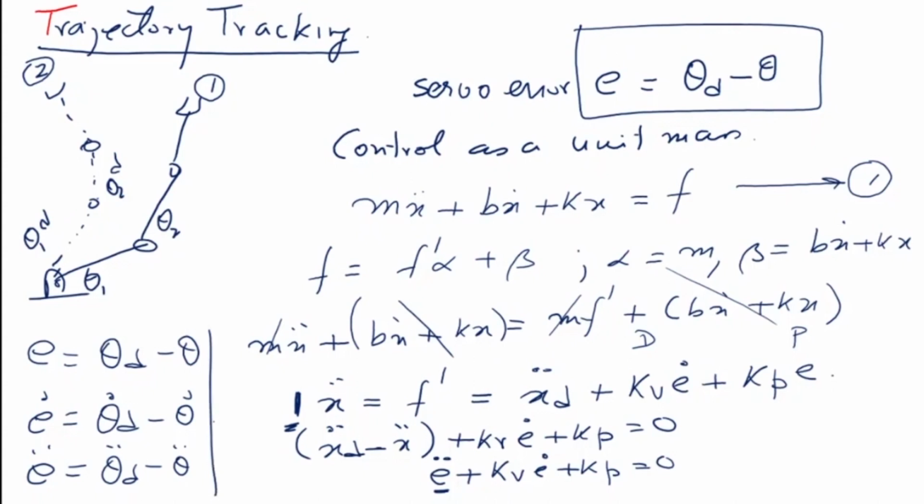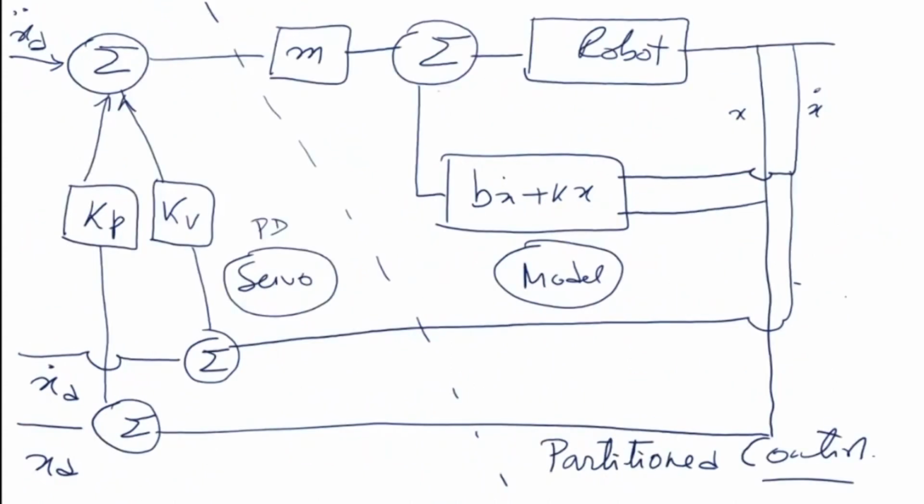So these are the three requirements of the trajectory following controller, and we are calculating that. Theta D is coming from here, theta D dot is coming in from here. So we are able to control the error, and then by servoing the error we can reach from a position to a desired position. Now this is basically called a partition control system.